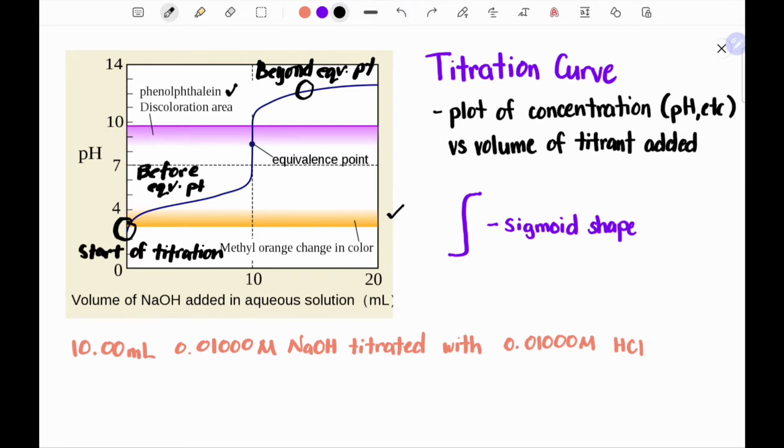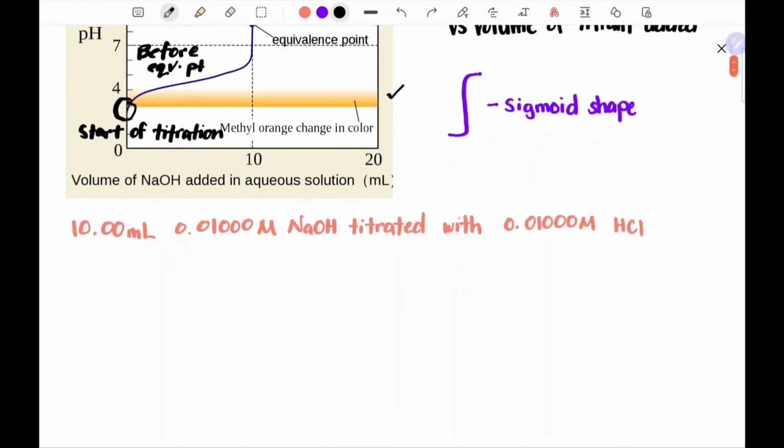Alright, at this point, let's start by really thinking about how the pH of these various regions could be obtained. Let's start by considering 10 ml of 0.01 molar sodium hydroxide titrated with 0.01 molar hydrochloric acid.